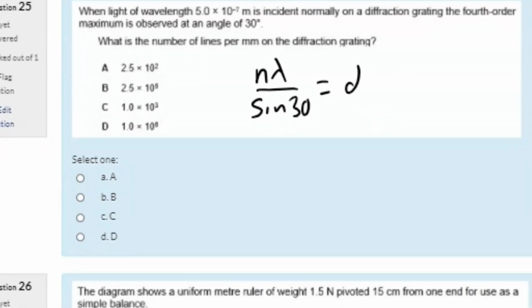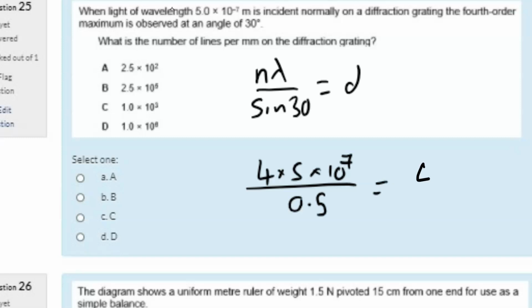It shouldn't be an issue. So what have we got? We've got 4 times 5 times 10 to the minus 7 over a half. Well, that's going to be 20 times 2, that's going to be 40. 40 times 10 to the minus 7.